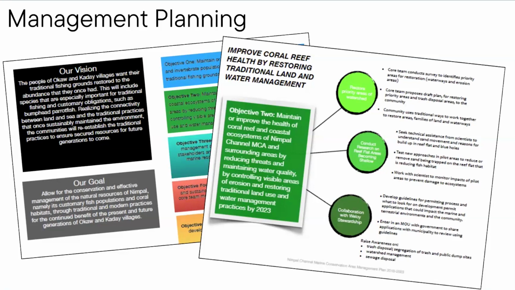So this is the example, again, I showed some of this in the last module, from NIMPAL and YAP, where the group created simple one-pagers that focused on key different components of the management plan. And again, this is in your Google folder, so you can look at it more closely if it's something you think you're interested in replicating. It doesn't have to look exactly like this, but it was a way to make it more digestible for community members and managers to use regularly.